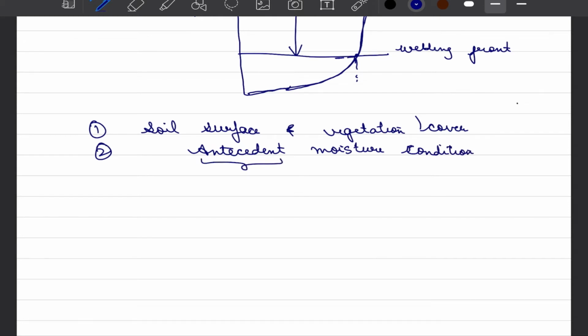For example, if our soil is very dry, as you would see in case of deserts, where we have dry sandy soil, whenever precipitation starts, a lot of water is absorbed by the sand surface, and after precipitation stops, sometimes it appears as if not even a drop of water has fallen into that area. So antecedent moisture conditions clearly tell us that that particular soil strata was so dry that all the water was able to penetrate into it.